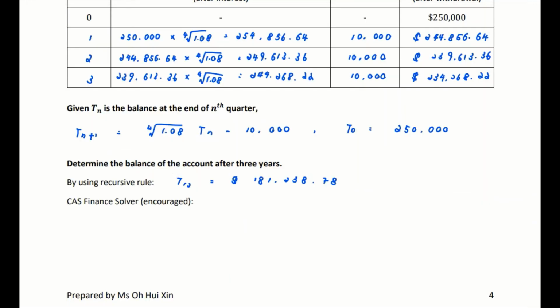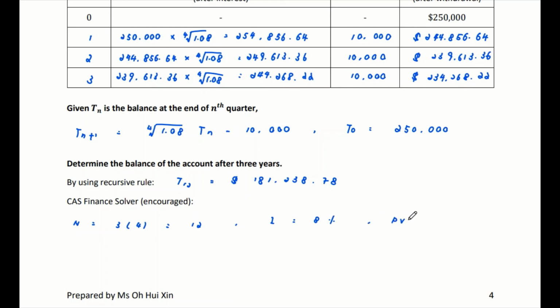Now move on. If we are using finance solver, same thing, N is the number of payments. Now your payment is quarterly, which means 1 year you withdraw 4 times. So after 3 years, 3 times 4, your number of payments will be 12. Then the I here is 8%.